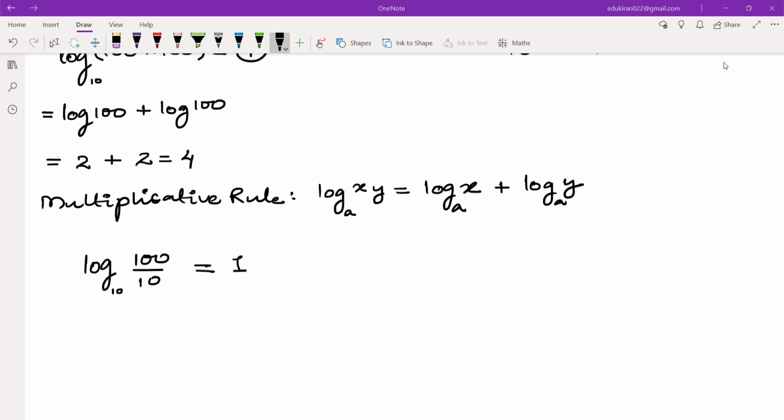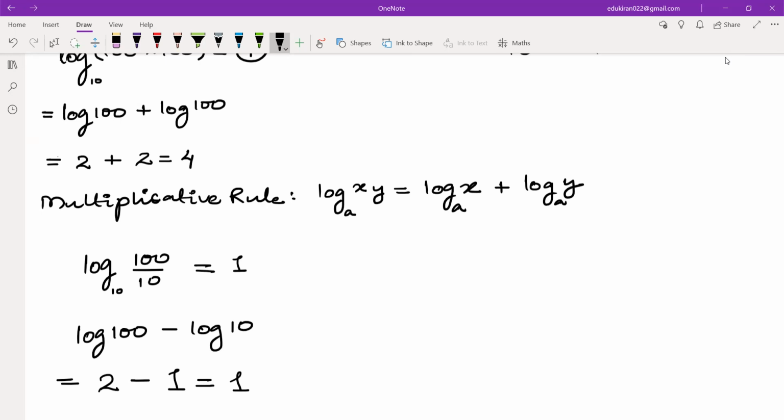1. Okay. Now let us see what we can do here. We can write log of 100 minus log of 10. So log of 100 is equal to 2, minus log of 10 is 1, which will be equal to 1. Yes or no? Yes, sir.